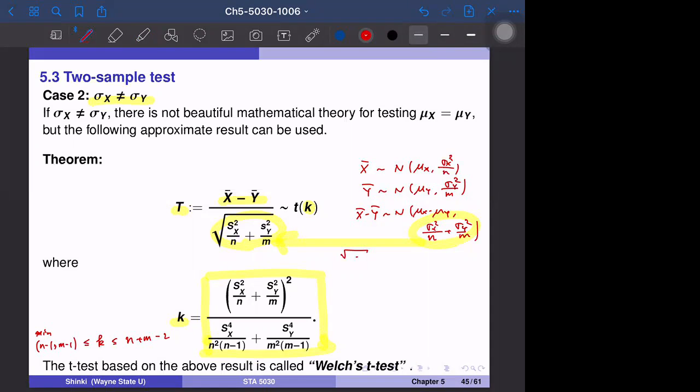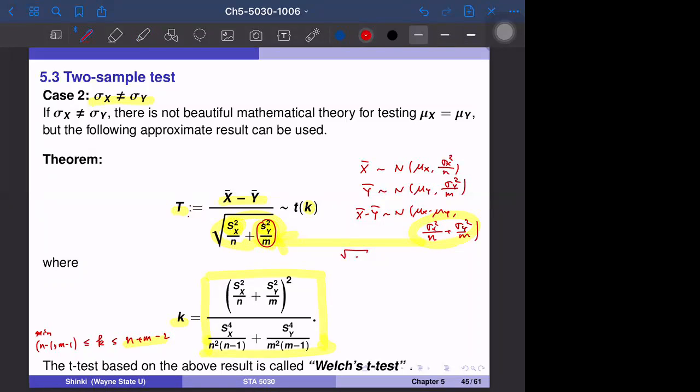The idea is that if s sub x and s sub y are the same, then we will actually get n plus m minus 2. But suppose one number is larger than the other, for example s x is much larger than s y, say 10 times larger. Then the second, smaller term does not really matter for the statistic.